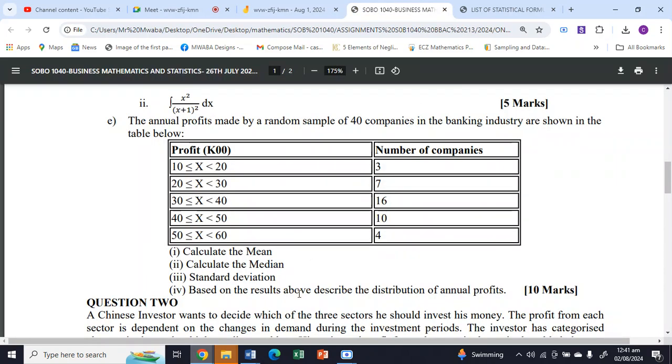Based on the results above, describe the distribution of the annual profits.